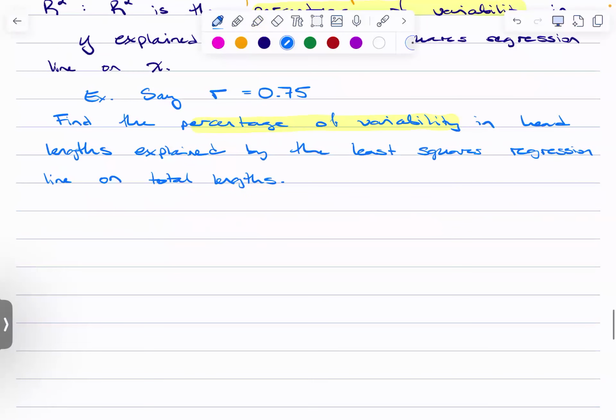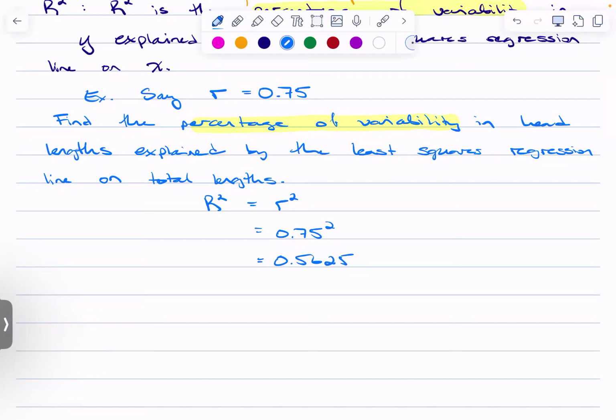So what I want you to do then is, your R squared is your correlation squared. Which means it's 0.75 squared, which is what? 0.5625. Small numbers, when you square them, don't behave the way you want them to.